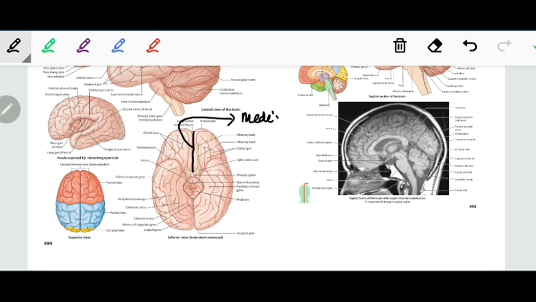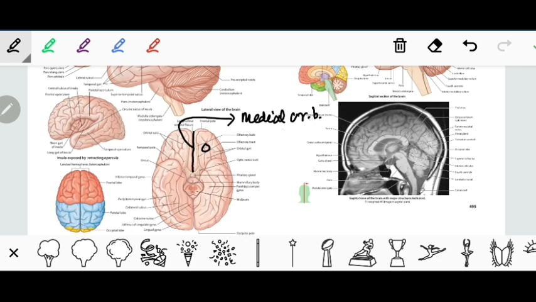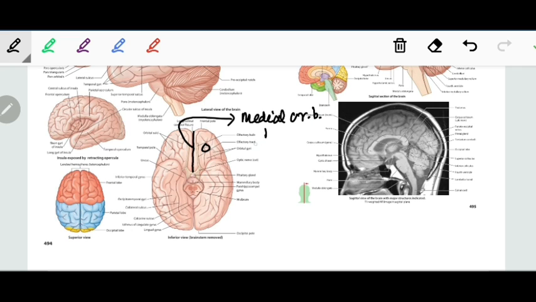The medial orbital border separates the orbital surface from the medial surface. That is the medial orbital border.